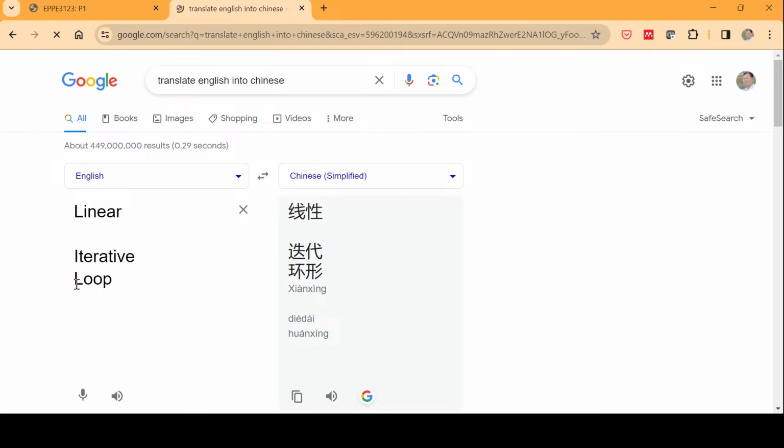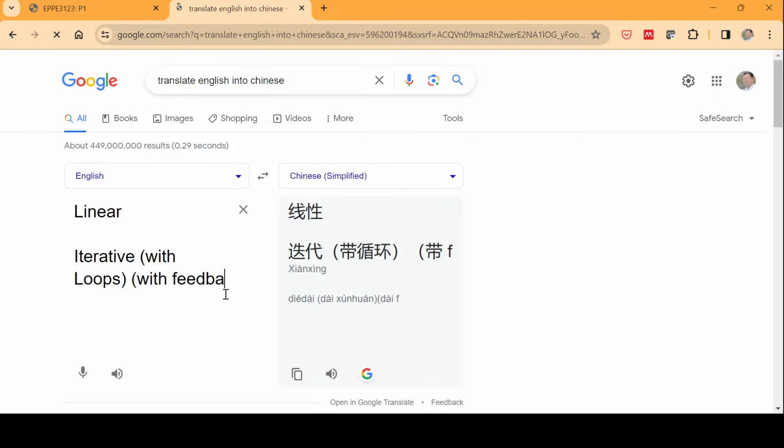So there are two models of technological change, linear and iterative, with loops, with feedbacks. In reality, the process of technological change is not linear.